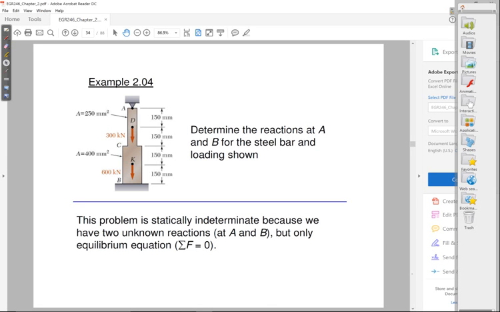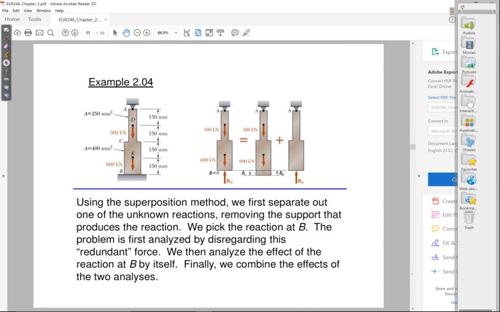And the way I allow it to deform freely is to remove either the support at A or the support at B. So in our particular case, we are going to remove the support at B. That is this middle figure here. Let me draw that. That is the first statically determinate problem.